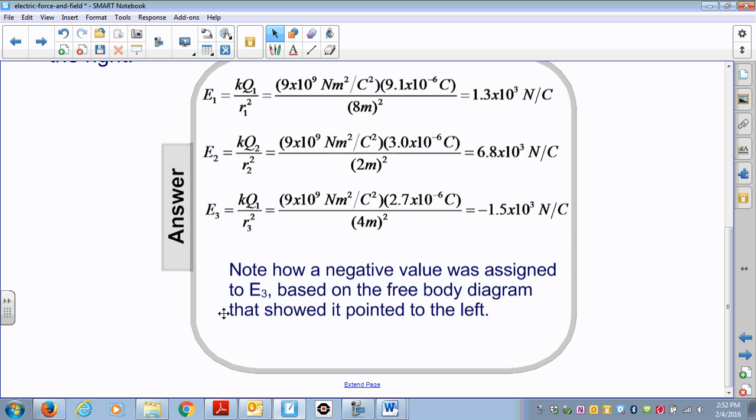And for Q3, the electric field strength should be -1.5 times 10 to the 3 newtons per coulomb. Note how a negative value was assigned to E3. This is based on the free body diagram that shows it pointing to the left.